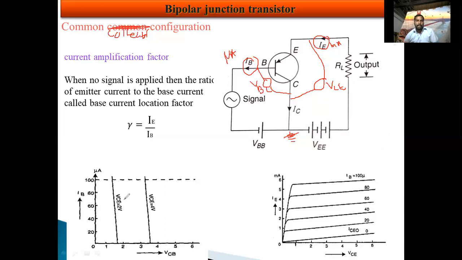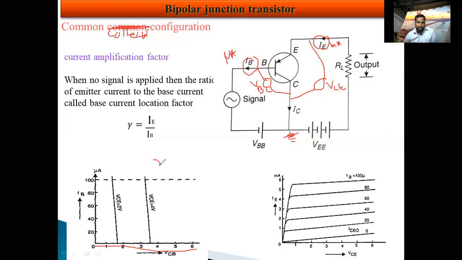Now IB is taken on the y-axis and VBC on the x-axis. We have to draw the curve like this. From this figure, we find the parameter, input dynamic resistance.